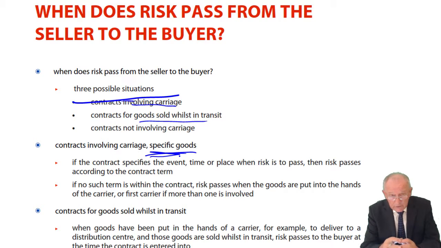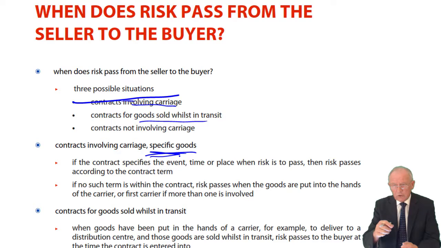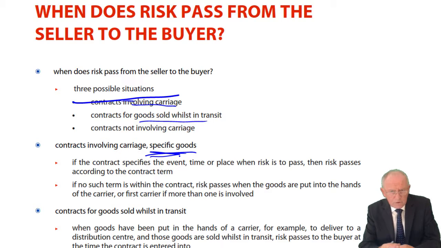The time of passing of ownership, which is essentially when risk passes, because risk passes normally with ownership, with reference to unascertained goods, is when the goods have been unconditionally appropriated to the contract and the buyer has notice of that fact.